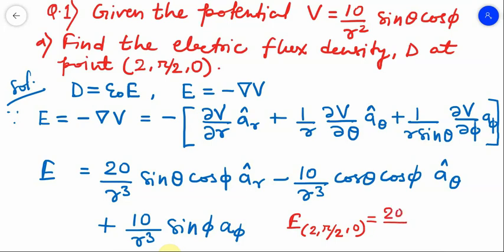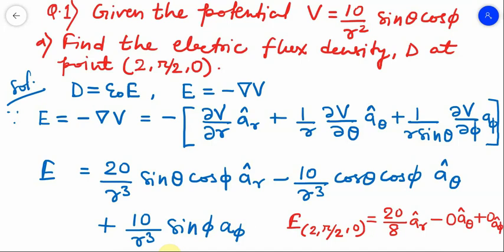E will be 20 upon 8 AR, minus 0 A theta and plus 0 A phi. So we have the component 20 upon 8 along AR only, and the rest are 0.